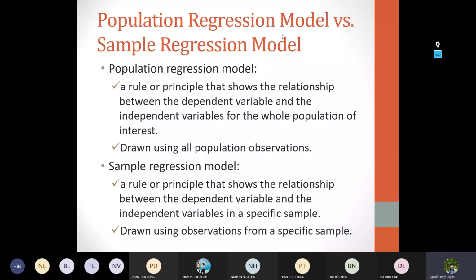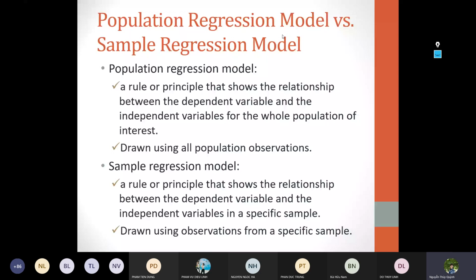The population regression model is the rule or principle that applies to the whole population of interest, and it can be drawn using all population observations.